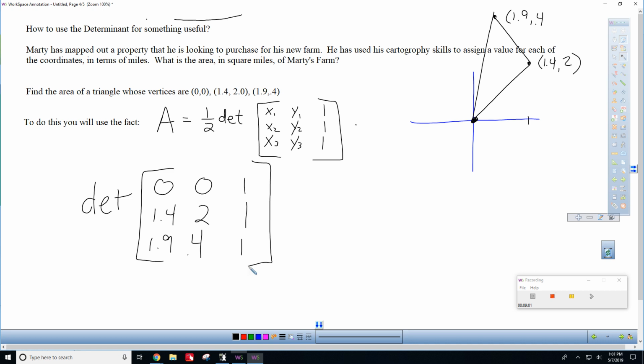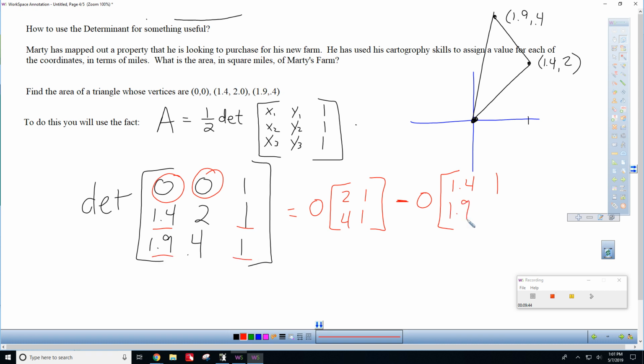Now I want to show you how this works with numbers. So I'm going to take this 0, and I'm going to multiply it by the determinant of 2, 1, 4, 1. Then I'm going to subtract the next thing. And that's going to be this 0 times the determinant of 1.4, 1, 1.9, and 1.